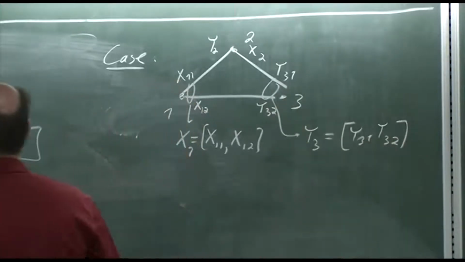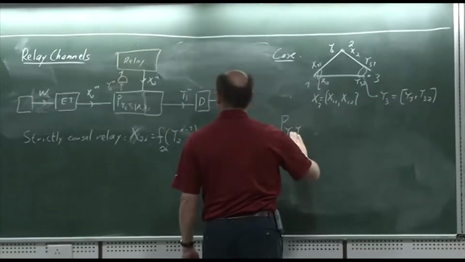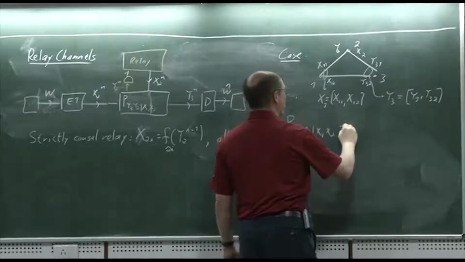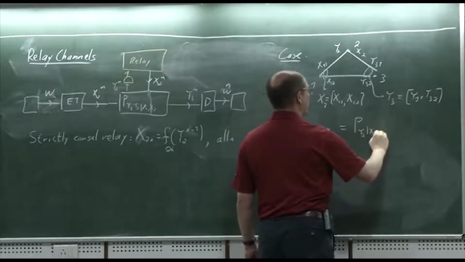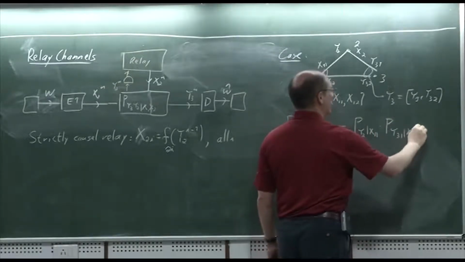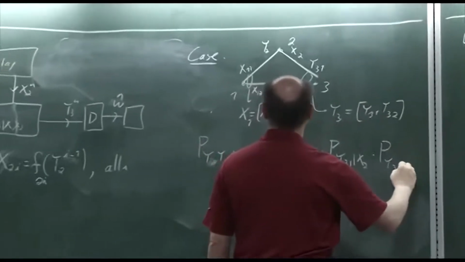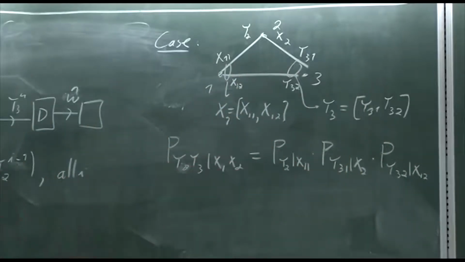And we said then we would model this as p of y2, y3 given x1, x2 being p of y2 given x11 times p of y31 given x2. So they're just independent channels. That's how you could model such a wired network. Because the noise on all of them is independent and also the influences are independent.